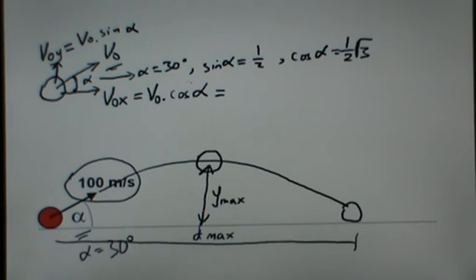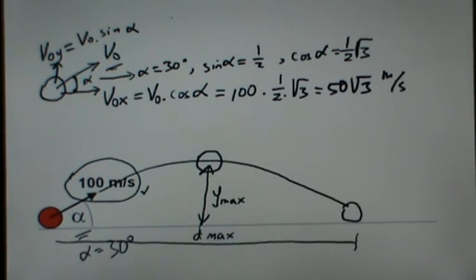That's the value of v0 here, 100 times 1/2 square root of 3, or we get 50 square root of 3 meters per second. And the initial velocity in the vertical direction will be 100 times 1/2. We get 50 meters per second.